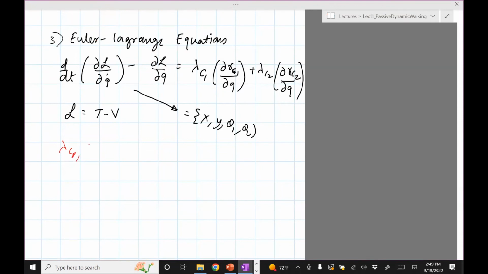Lambda C1, lambda C2 are Lagrange multipliers.